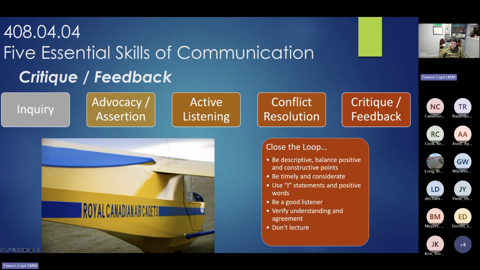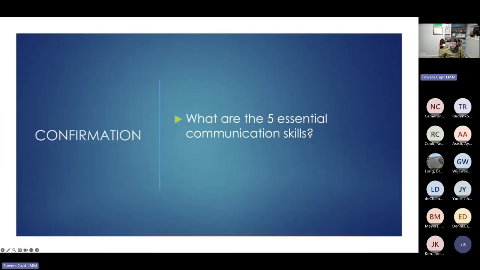So as you can see, this lesson module was really more focused on giving you the soft skills to interact not only in aviation, but also hopefully elsewhere in your cadet career and life in general. Hopefully you learned some stuff from this, and feel free to ask me any questions. Just as a confirmation question, what did we go through and talk about for the 5 essential communication skills?